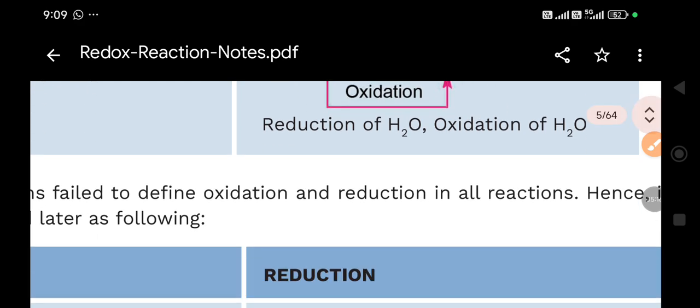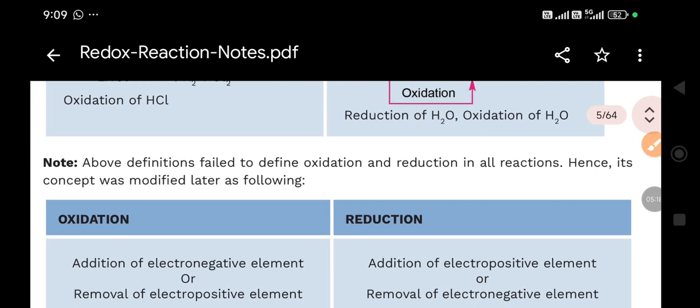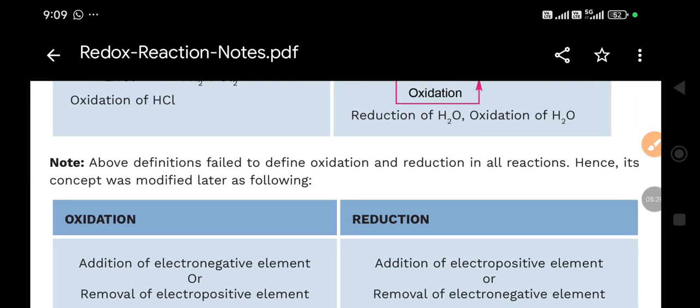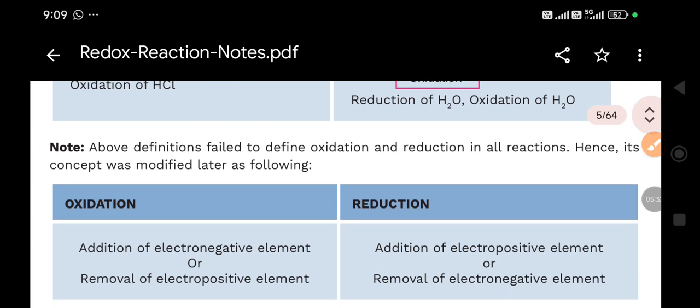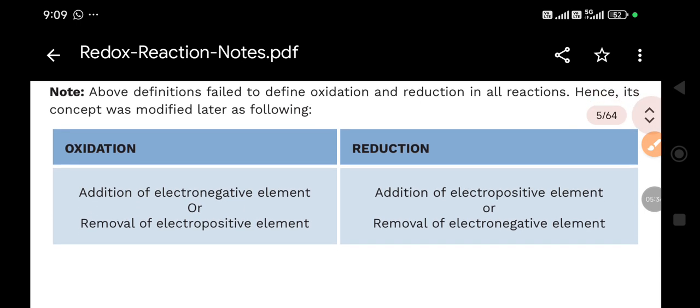Now moving ahead. The above definition failed to define oxidation and reduction in all reactions, so this definition was modified. We have studied oxidation as addition of oxygen.